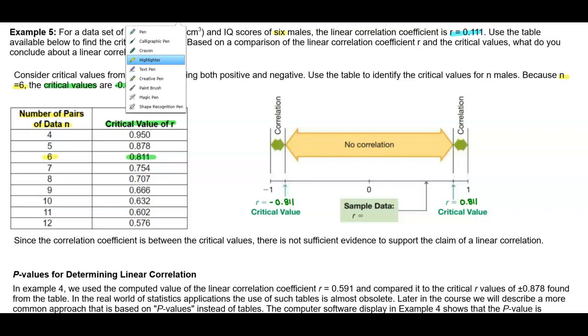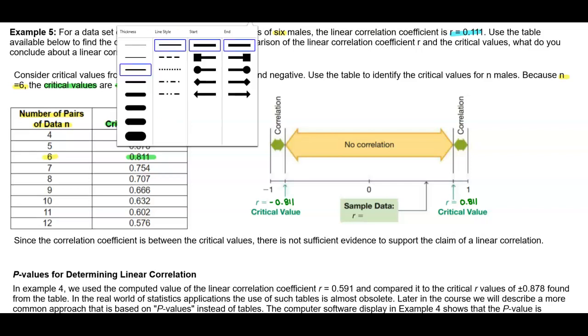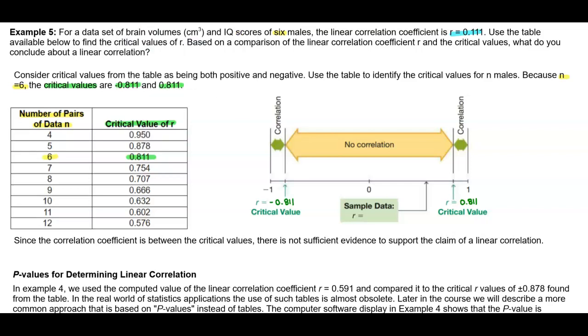We can see here that 0.111 is not in that arrow. It's probably closer to here. That means that the linear correlation coefficient of 0.111 falls in the middle. And since it falls in the middle, that tells us that there's no correlation.